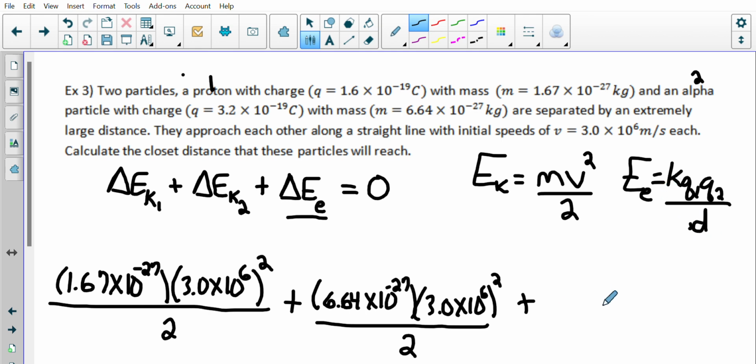All right, so that energy, we have our K value. Our charge on our first particle is a proton, so that's 1.6 times 10 to the negative 19.